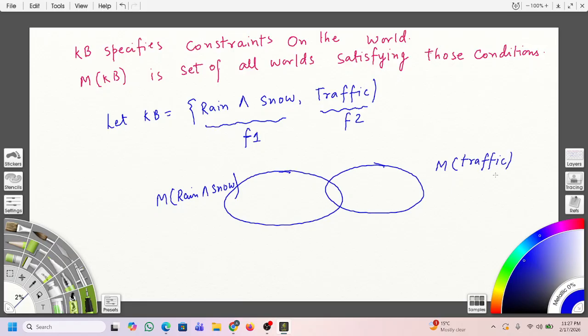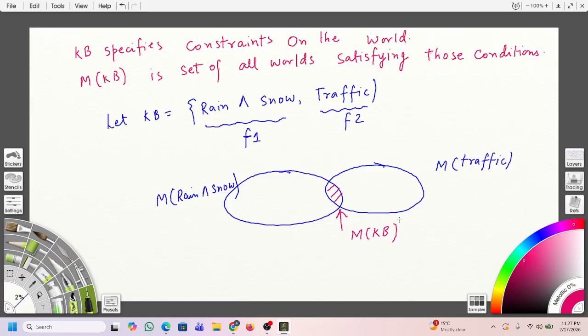The intersection part is basically the model of KB. That's why we say that M(KB) is the set of all worlds satisfying those conditions.